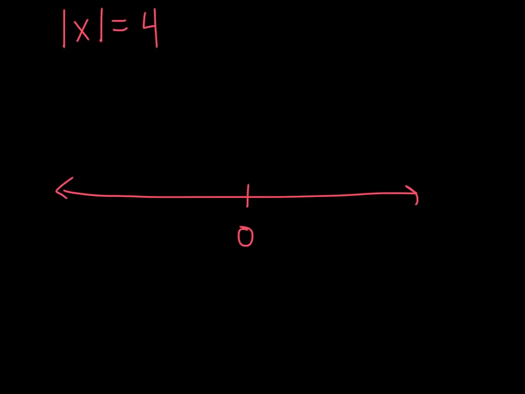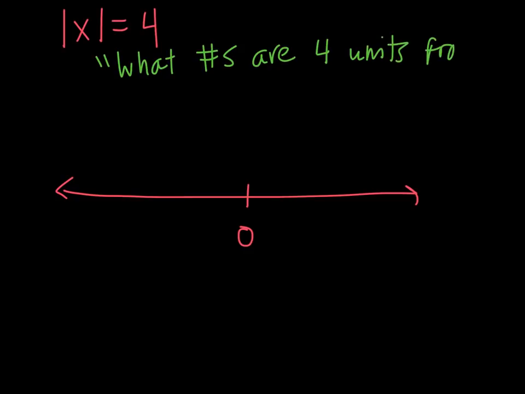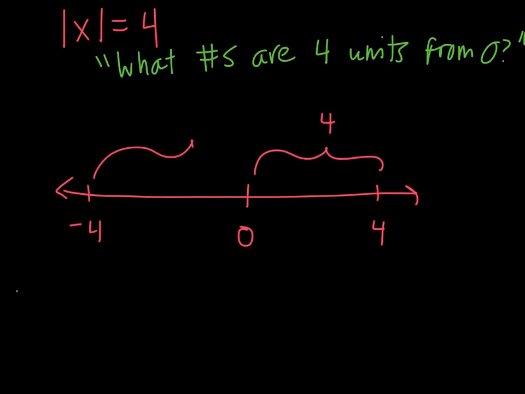So when we have an equation where it says the absolute value of x equals 4, what we're really saying is what numbers are 4 units from 0. And so, of course, we know +4 is 4 units away from 0, but we also know that -4 is 4 units from 0.